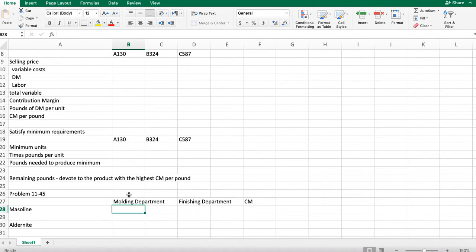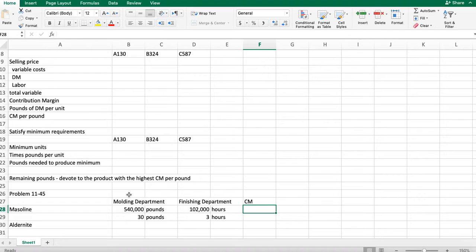Materials available: it's 540,000 pounds. And it tells me that material is 30 pounds per door. That's information that you need. Then I would go over to the finishing department and see that 102,000 hours are available, and I need 3 hours per door.